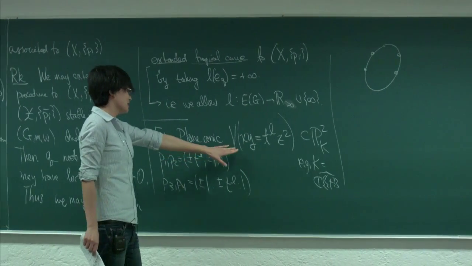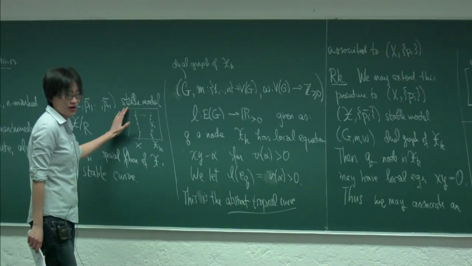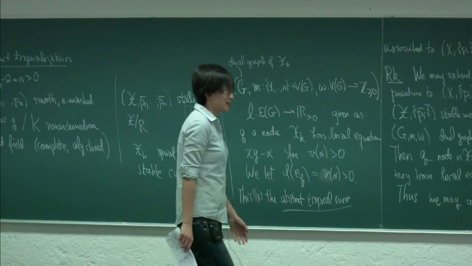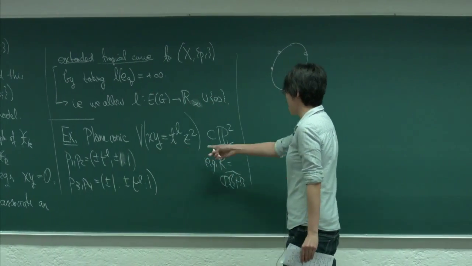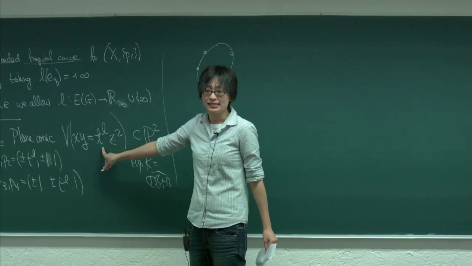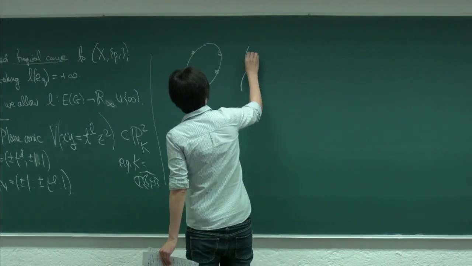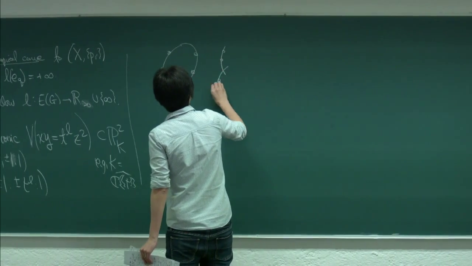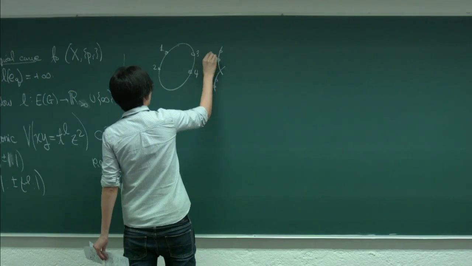And this equation does happen to define a stable model in the sense that we talked about last time, because you can just see that this is a flat proper family in which the special fiber, when t equals 0, is x times y equals 0. And we have specialization of the marked points, 2 on each component.